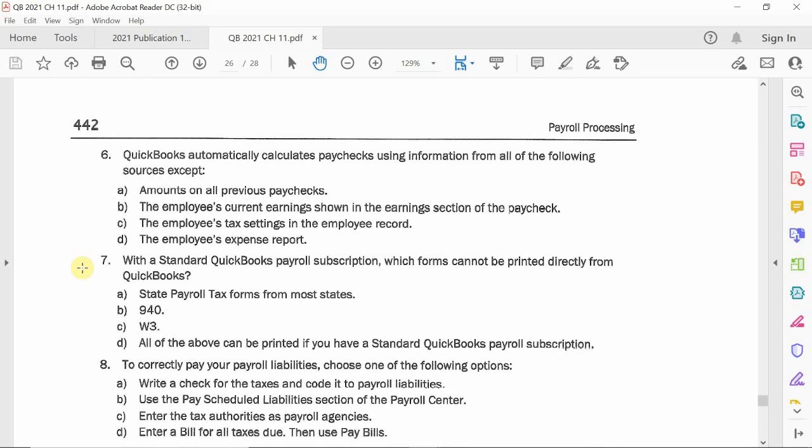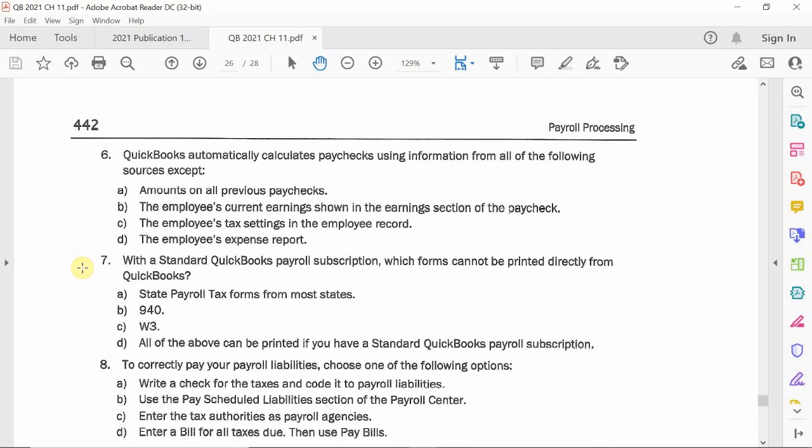Number 7 is A, where it says state payroll tax forms from most states. Once again, QuickBooks can identify all those states and figure out the state taxes for you, but unfortunately it's going to be on a per state individual basis, right?